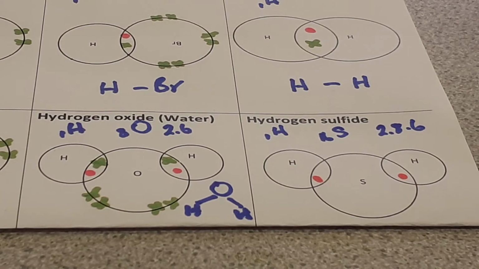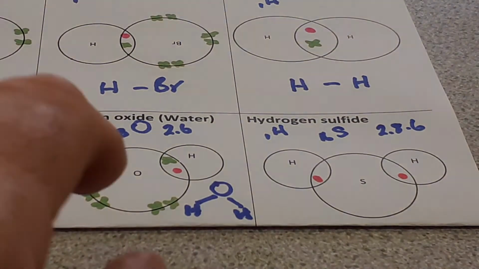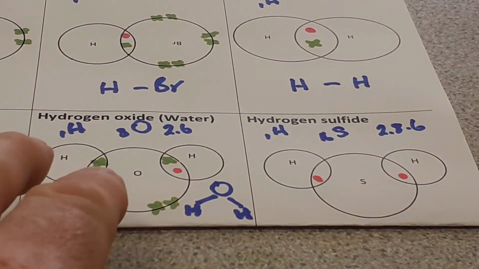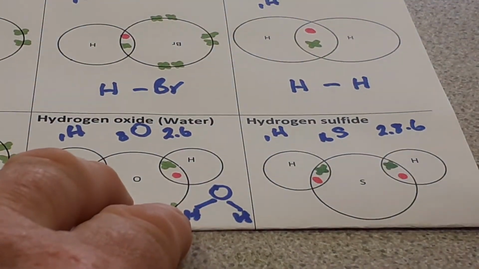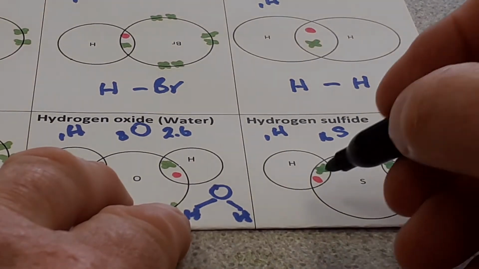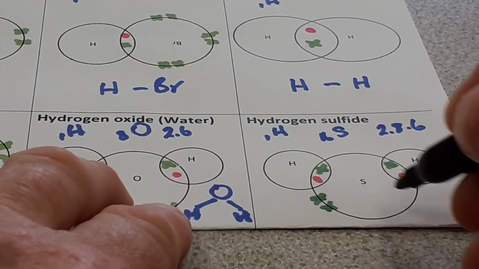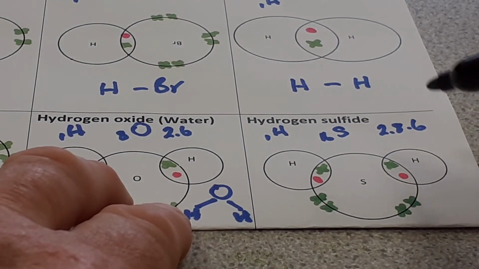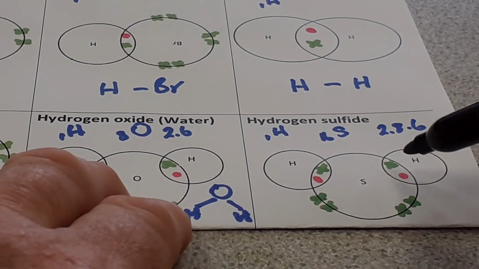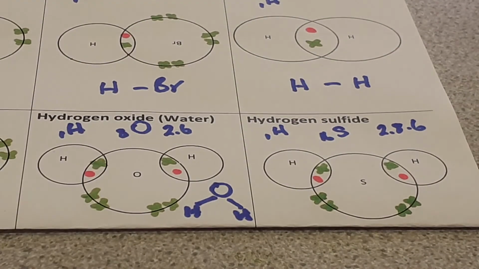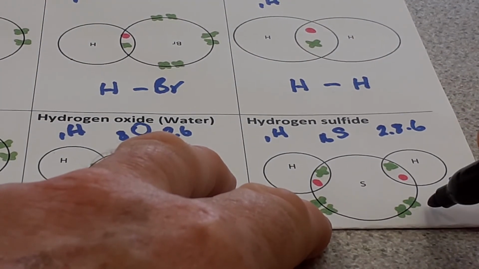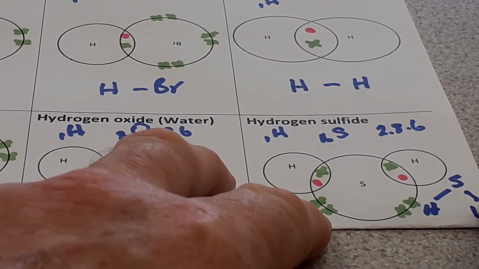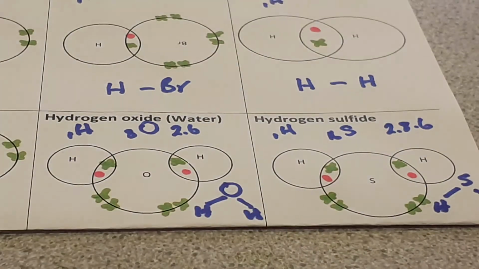And similarly, sulfur, if it's got 6 in its outer shell, needs to share twice. So if it's shared 2 electrons already, it's only got 4 left. So 2, 4, 6, 8, and full outer shell. And again, we represent this with S bond H, S bond H, like so.